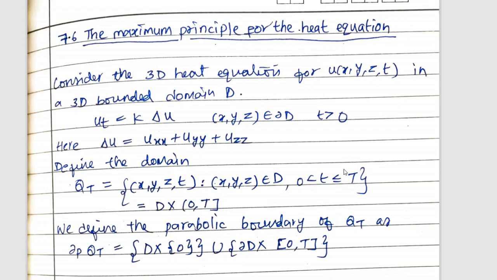So suppose time is fixed to capital T. So small t varies from 0 to capital T. Which we can write as QT. The domain is nothing but D cross 0 to T. D is the spatial variable, contains x, y, z, and t is the time variable.